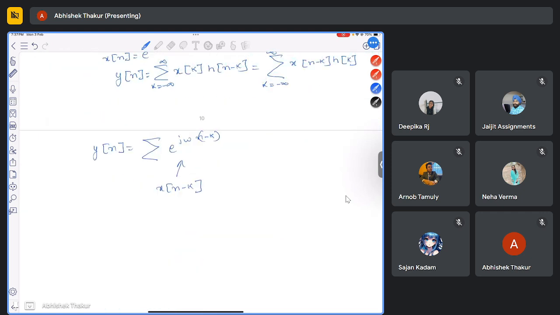Alpha to the power of mod k, with k from minus infinity to plus infinity. So y of n is equal to, see this n is independent of k, so it will come out: e to the power of j omega n times the summation of e to the power of minus j omega k alpha to the power of mod k.